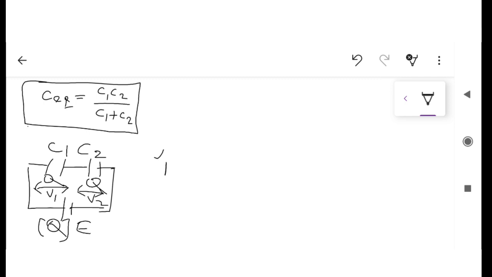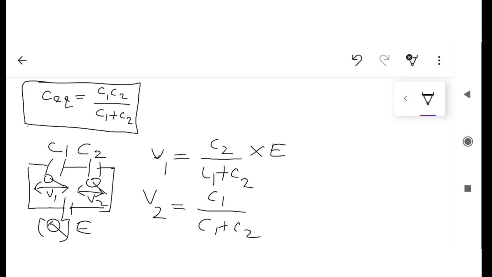Then we can write V1 equals C2 divided by C1 plus C2 multiplied by E, and likewise V2 equals C1 divided by C1 plus C2 multiplied by E. Always, when it's V1, the numerator is C2, and for V2 we write C1.